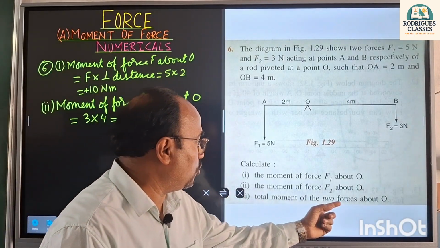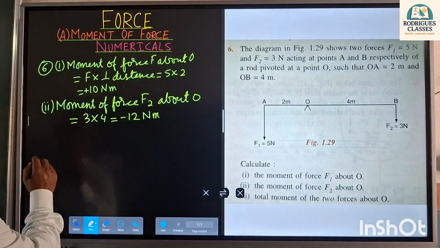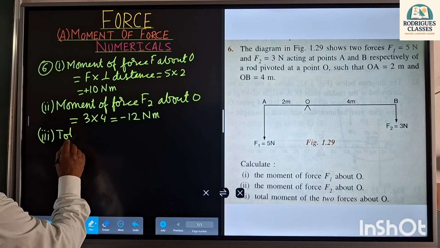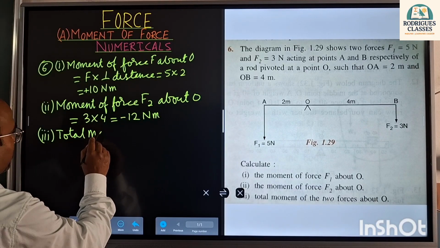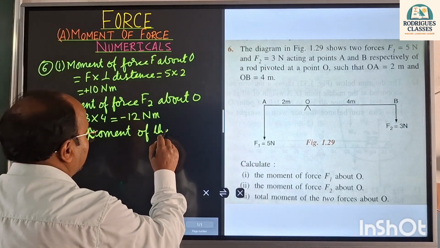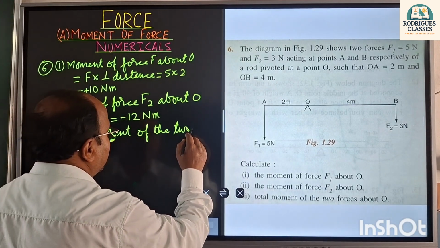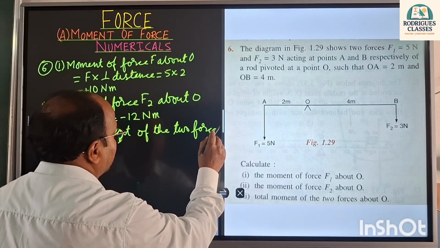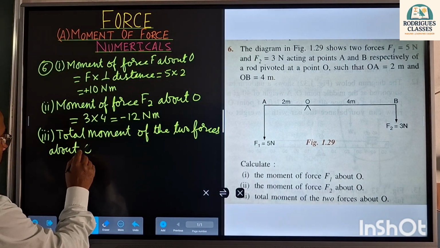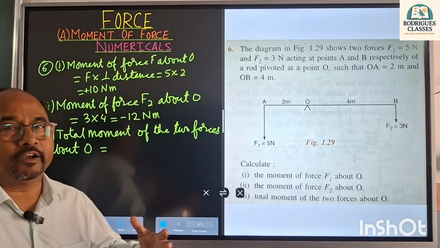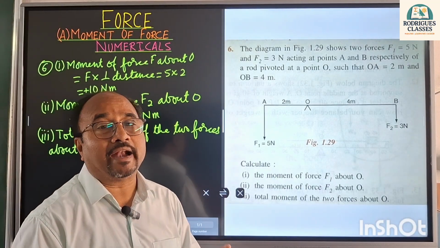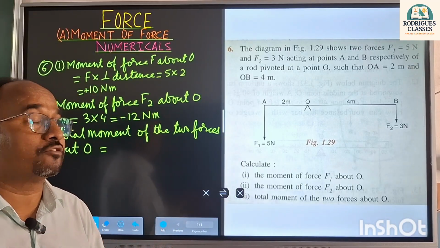Third one is the total moment of the two forces about O. So you know that if we have to find total of anything, we need to add. So here also we'll be adding, but when you're adding, keep in mind to take their signs also.